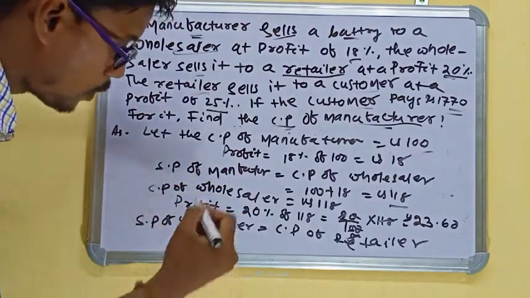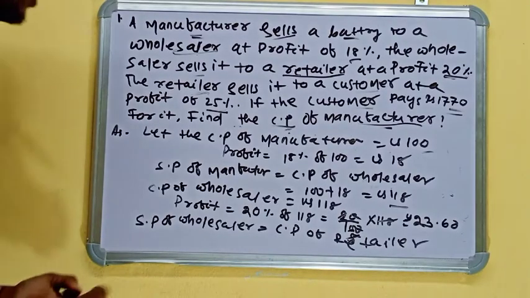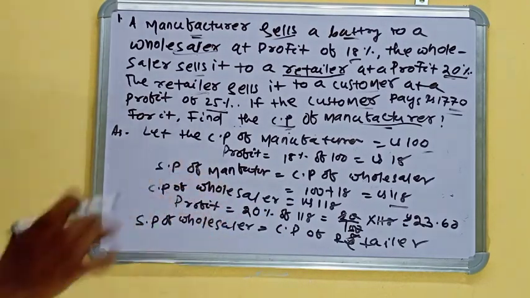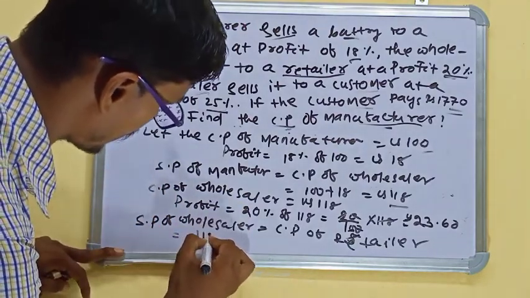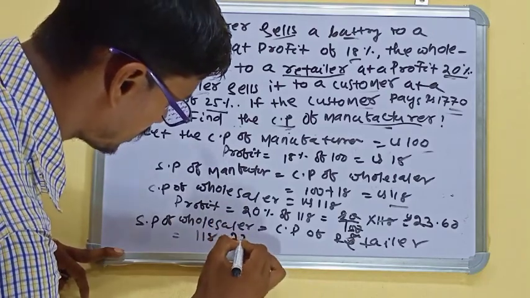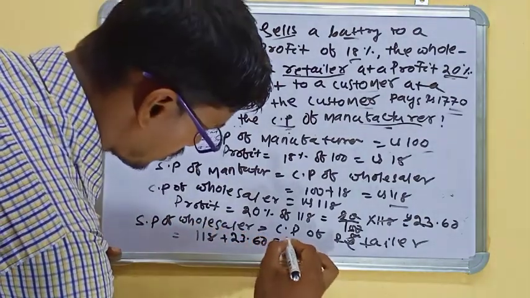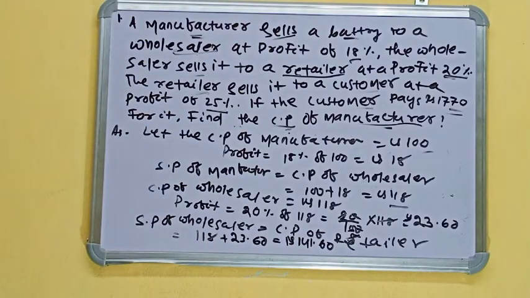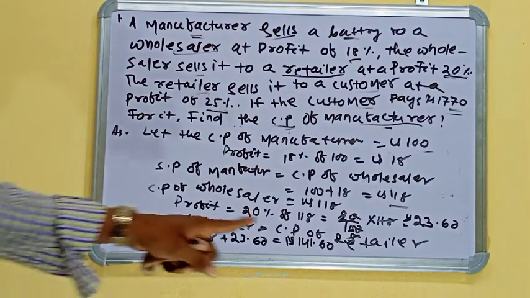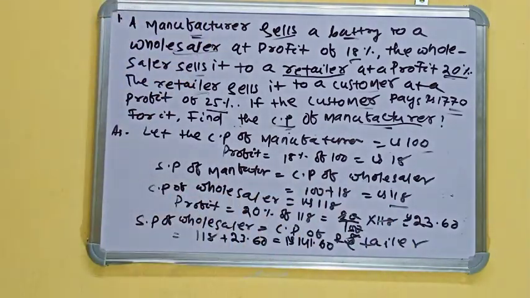So the SP of the wholesaler is equal to the CP of the retailer, which is 118 plus 23.60, equal to rupees 141.60.